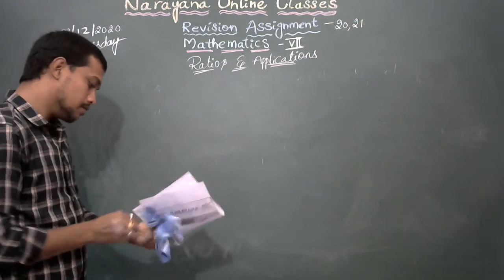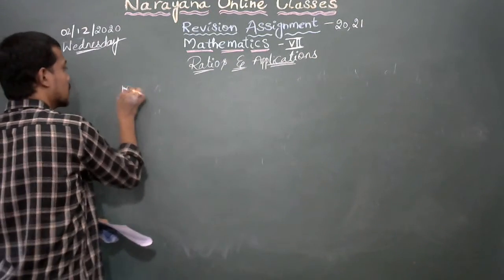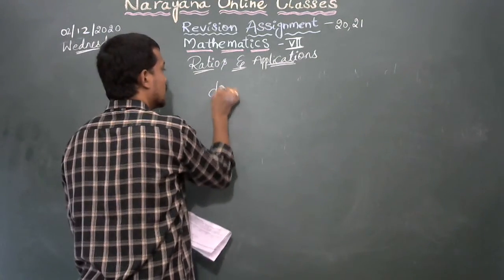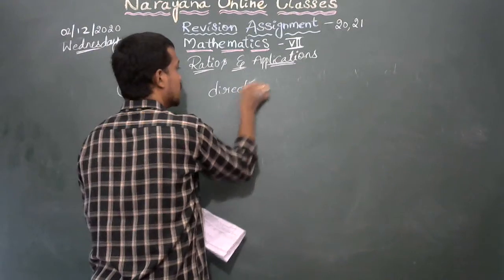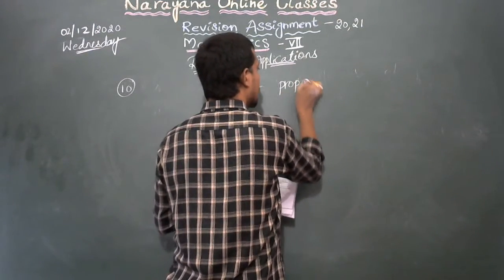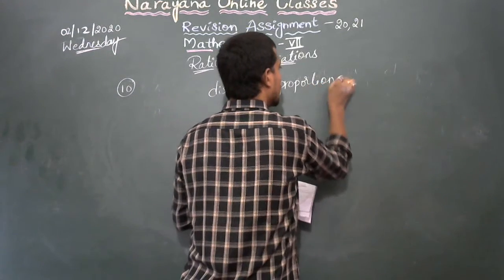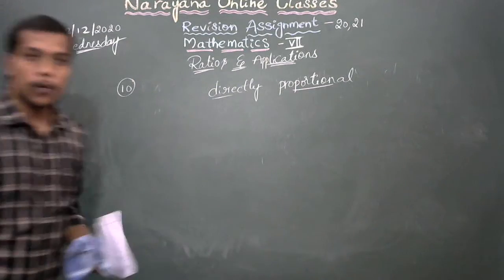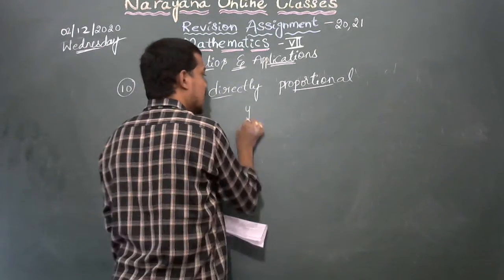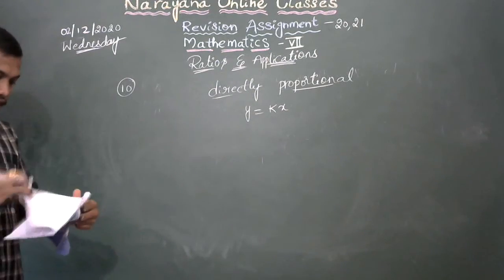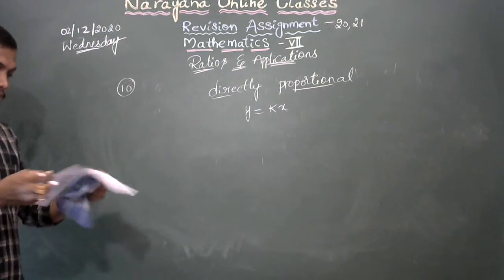So now 10th one. Directly proportional. Directly proportional means y equal to kx.